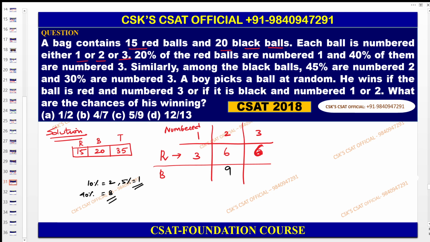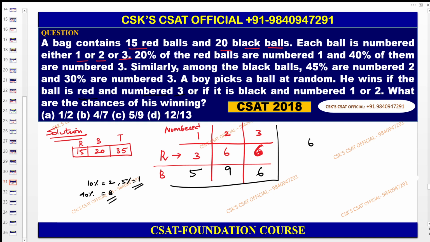30% as numbered 3. 10% is 2 means 30% is 6. Here total 15 here. 20 balls are there. 20 minus 15, 5 here. That's it. Now read the question. A boy picks a ball at random. He wins if the ball is red, numbered 3. Red numbered 3, 6.